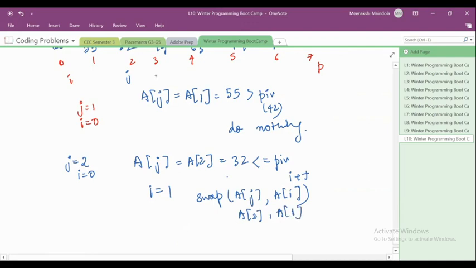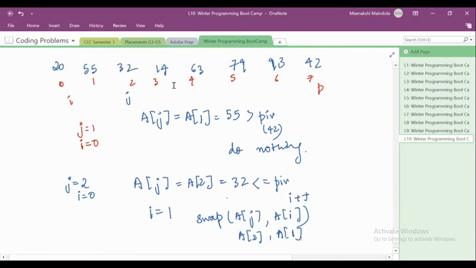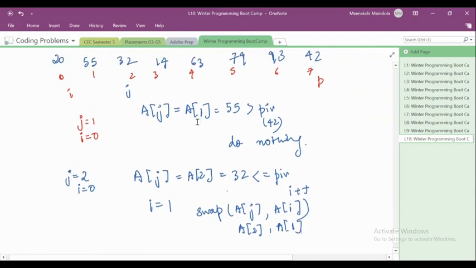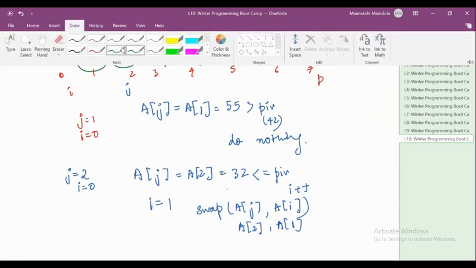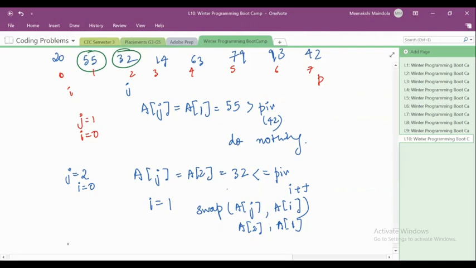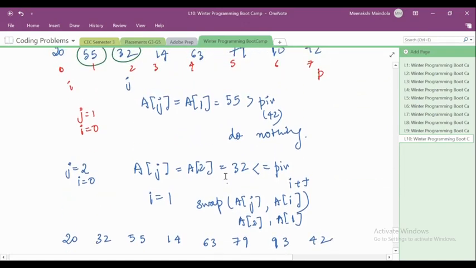So swap a of 1 and a of 2, which have 55 and 32. Let me denote them by circles. These are the values we are going to swap. After this iteration, what does your array look like? You have 20, 32, 55, 14, 63, 79, 93 and 42. So we have swapped these two values.